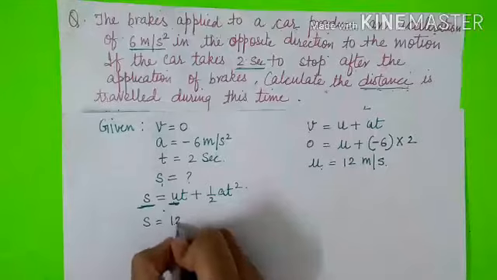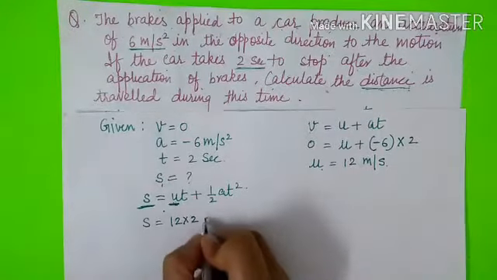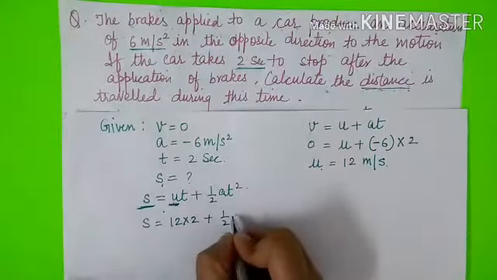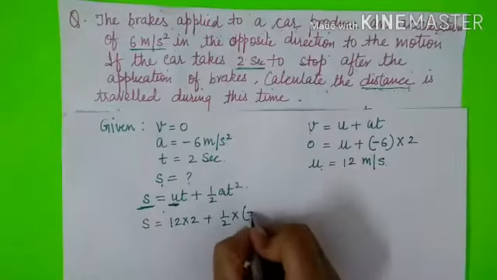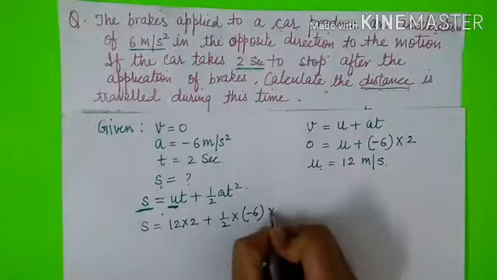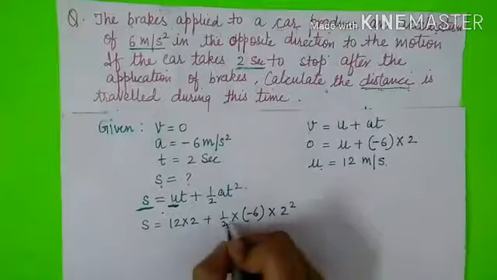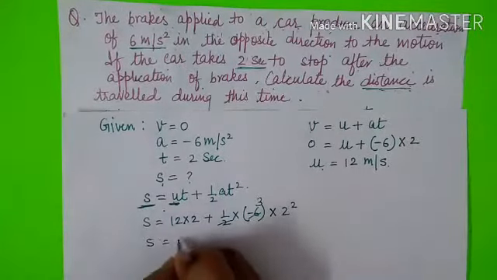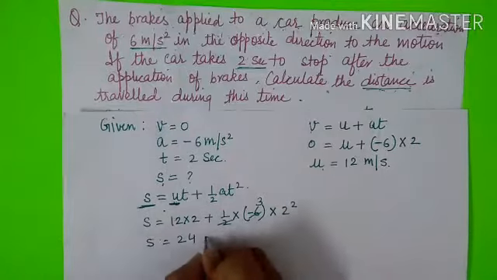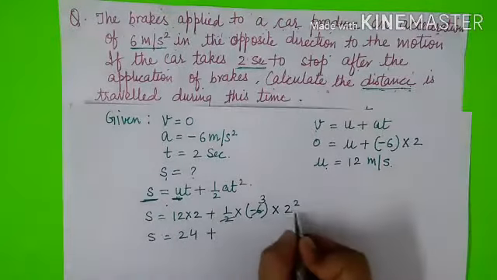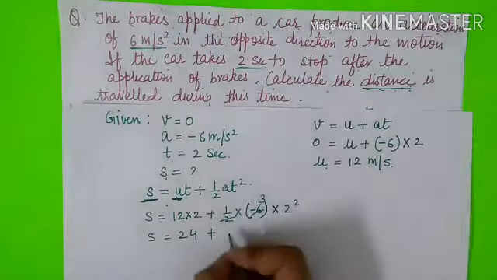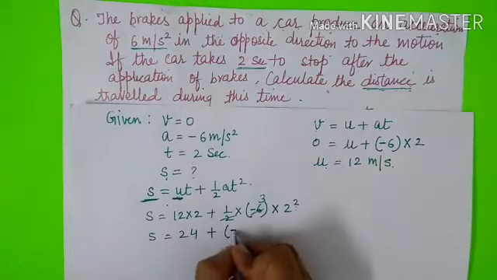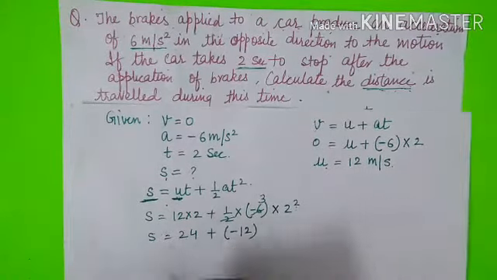Now u is 12 into 2 plus half into minus 6 into 2 square. S is equal to 24 plus, 2 twos are 4, 4 threes are 12, but minus 12.